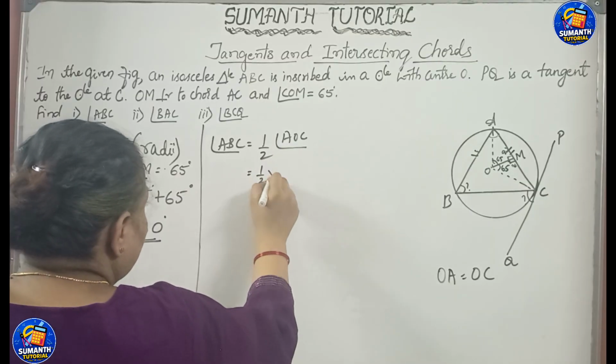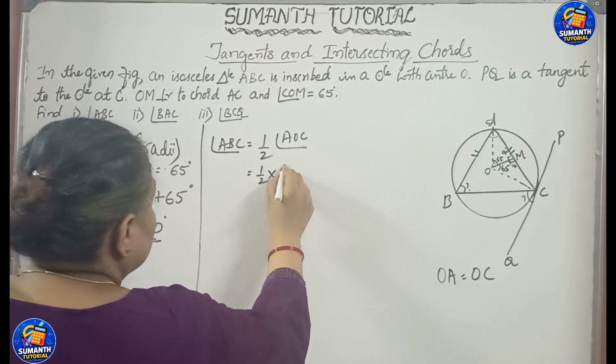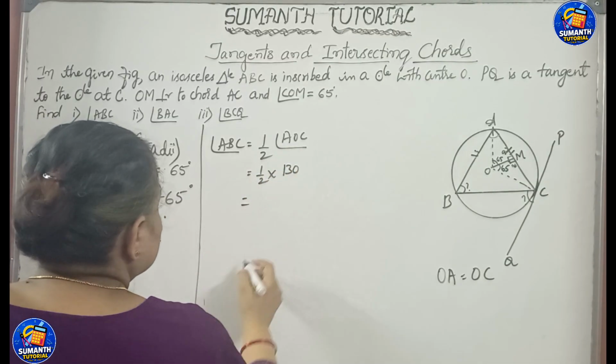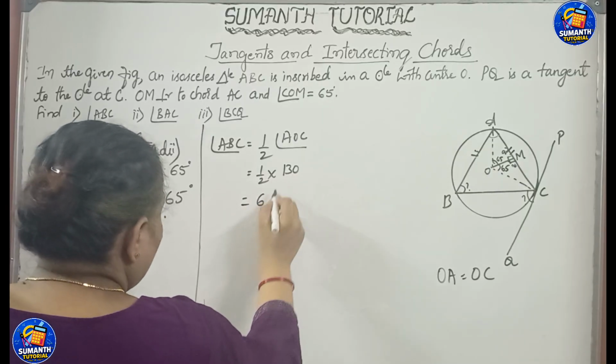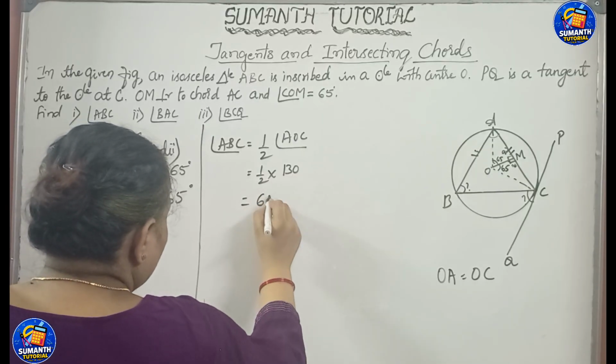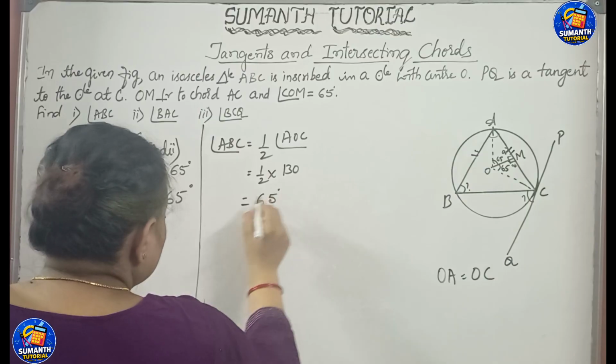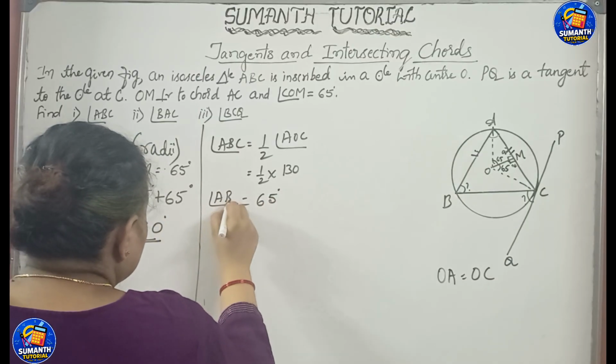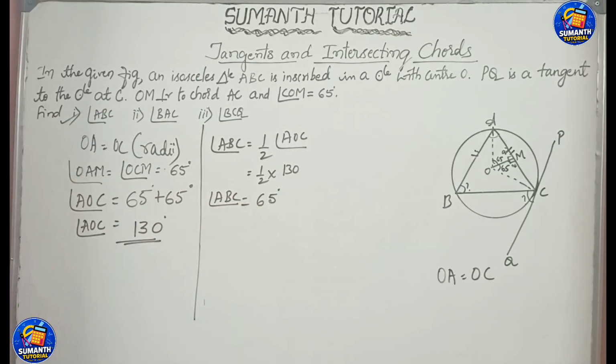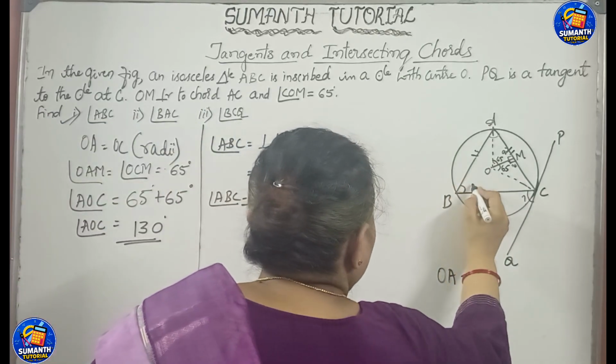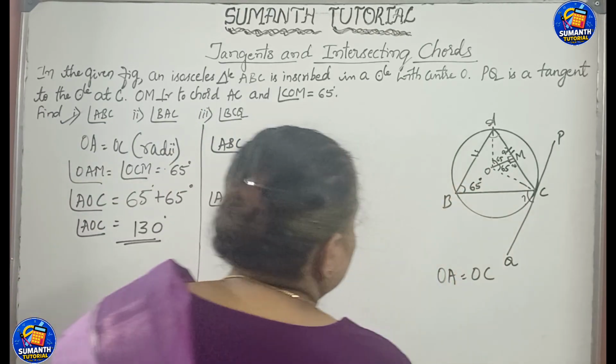So that is half into, what is AOC? 130 degree. That is equal to 2 6 are 12, 2 5 are 10. So that is angle ABC is equal to 65 degree. So here we can write angle ABC as how much? 65 degree.